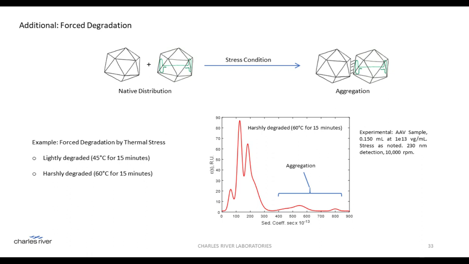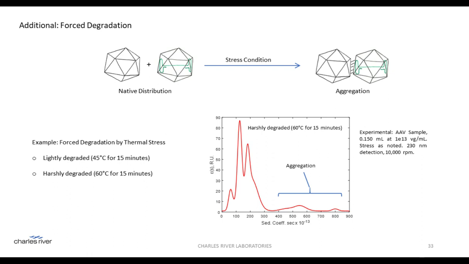Now DLS, like AUC, has no stationary phase, but dynamic light scattering makes no separation of the capsid species, and partly for this reason, any size distribution information which may be obtainable by fitting DLS data lacks the kind of resolution that an AUC assay can provide.